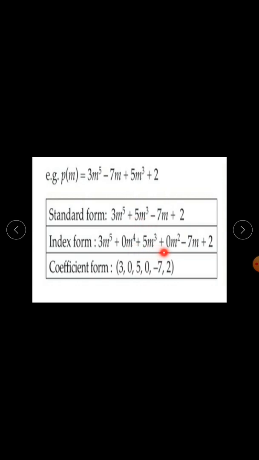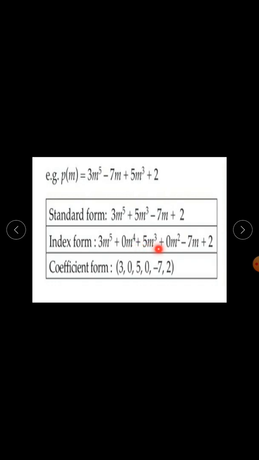Again, there is no term having power 2, so we can write it as 0m square. So plus 0m square minus 7m plus 2. This form of the polynomial is called index form.